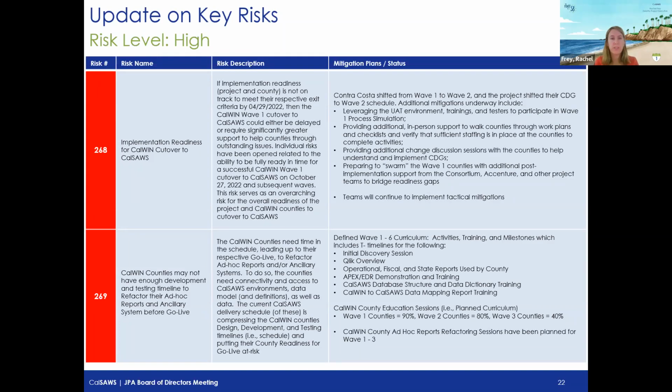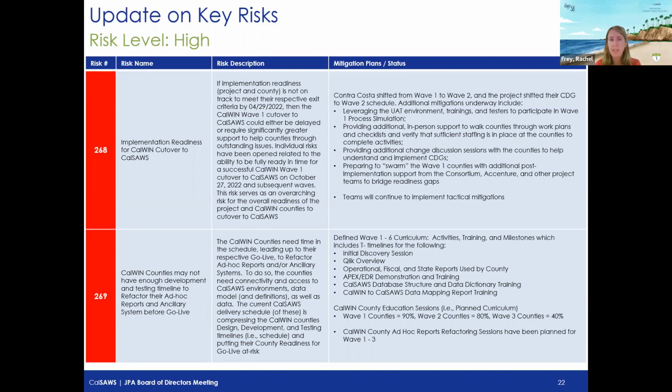So 268, Rachel, I'll let you take over through that. Sure, thanks, Arnold. 268 is our overarching risk that we are using to track the overall readiness that includes both the county as well as the project-related readiness for the cutover.